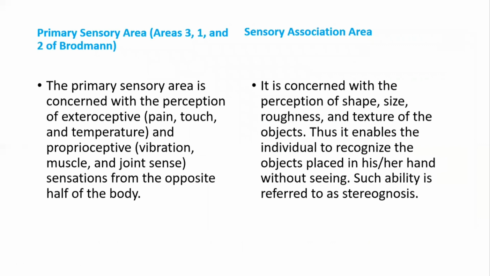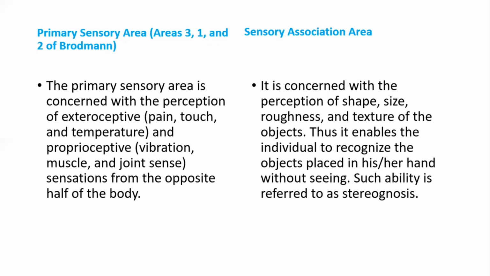And then we have the primary sensory area. This area is concerned with perception of exteroceptive sensations, like pain, touch, and temperature, and also proprioceptive sensations, like vibration, muscle, and joint sense.